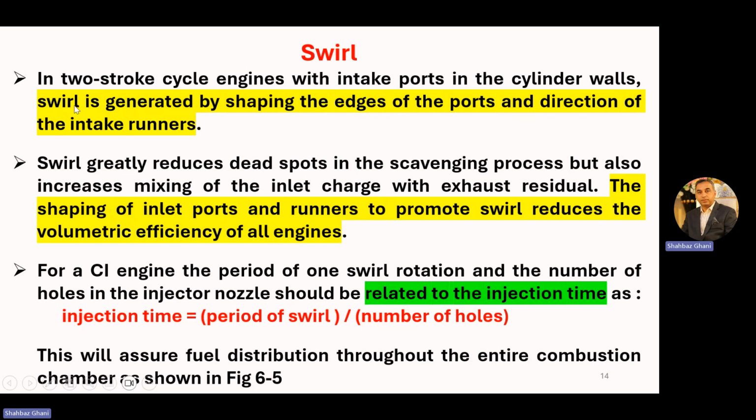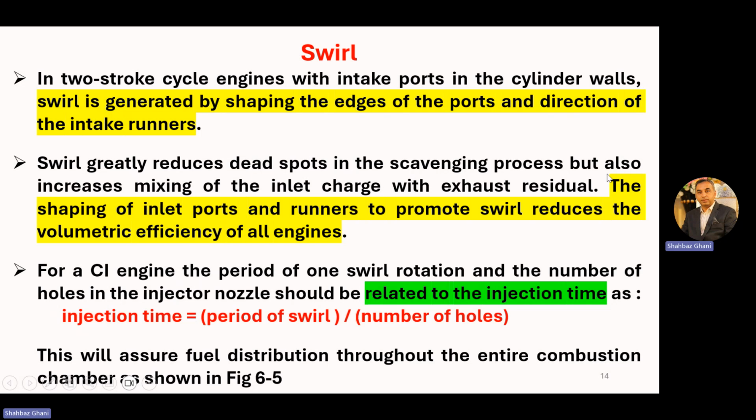We are producing swirl at the entrance with that port shaping of the edges and the direction of the intake runners. One of the functions of swirl is that it greatly reduces the dead spots in the scavenging process, but also increases the mixing of the inlet charge with the exhaust residue.